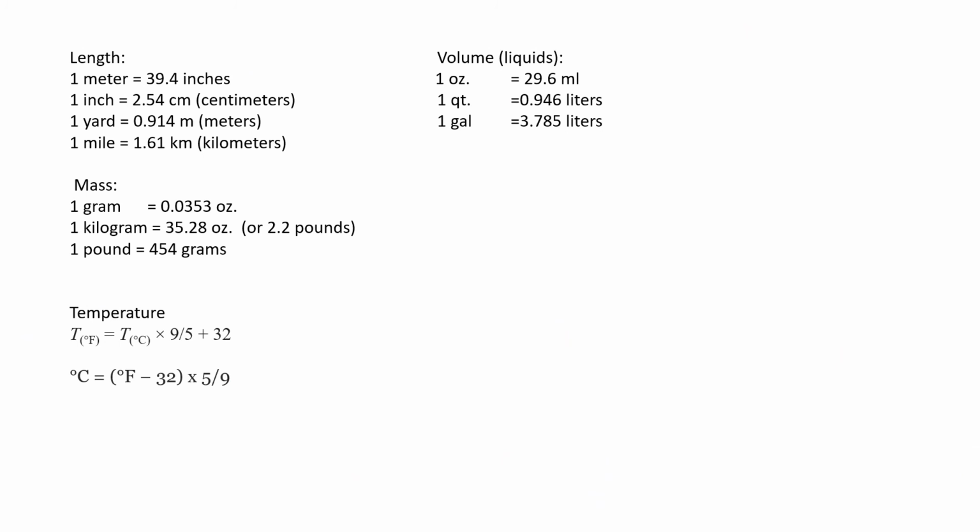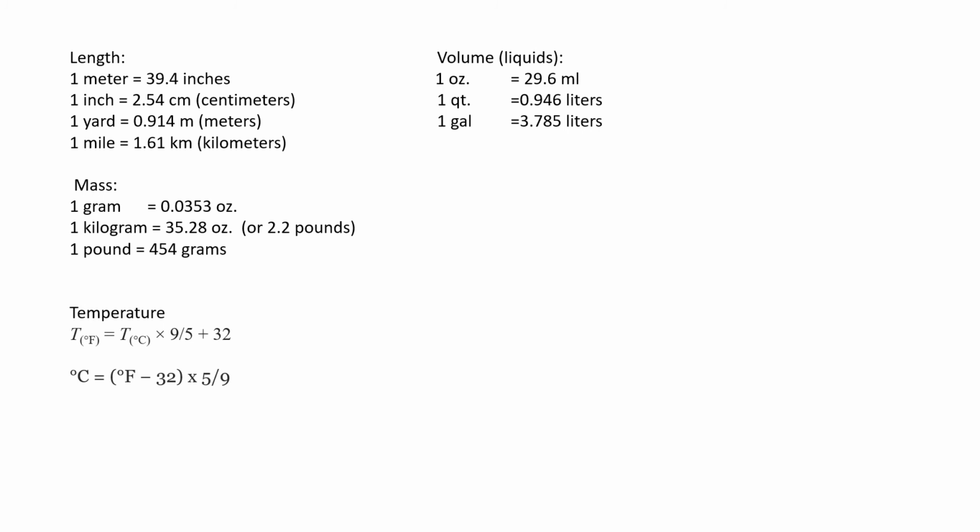Now, if you are asked to convert from the metric system to the English system, which is like inches, gallons, quarts, ounces, pounds, yards, you would get those conversions in front of you.